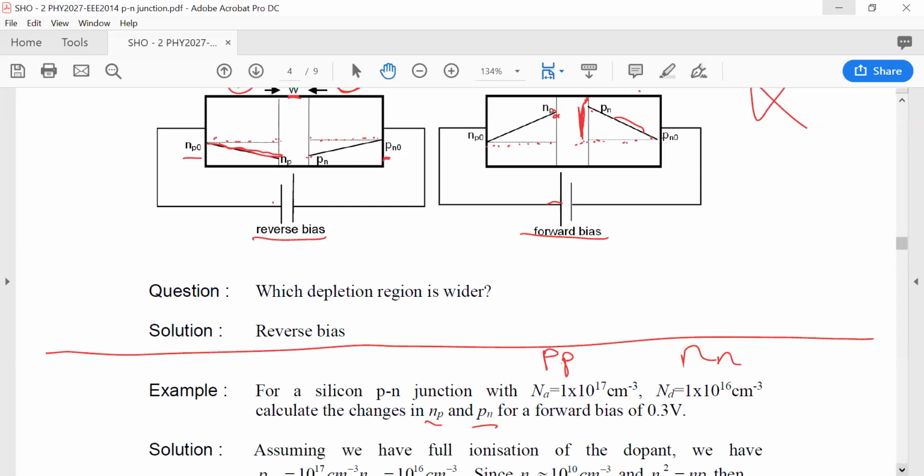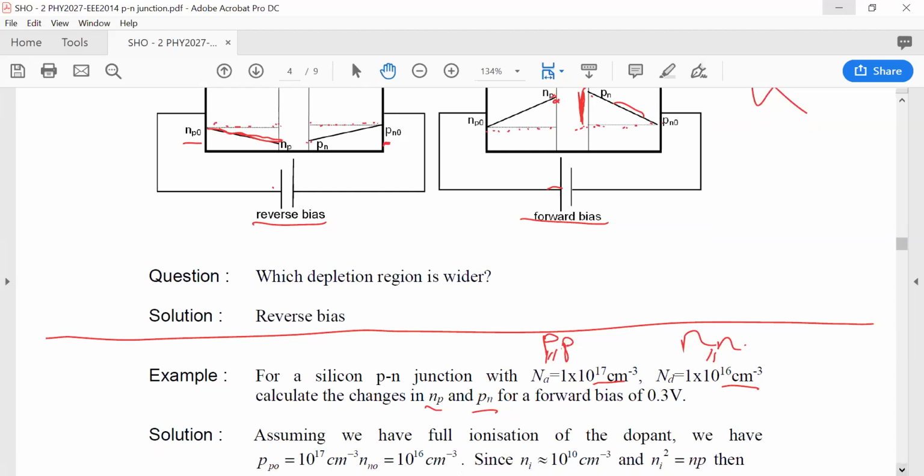We're going to assume that there's full ionization of the dopant, because if you remember, I said that sometimes your acceptor doping may not generate an equal number of holes or electrons, but we're going to assume that each of these donor atoms does give rise to an extra electron, and each of these acceptor atoms gives rise to one extra hole.